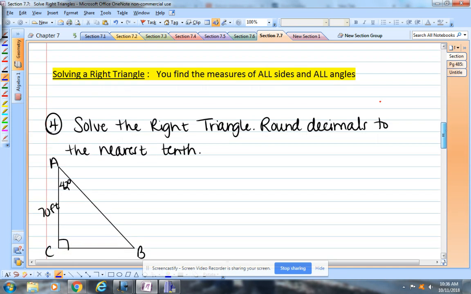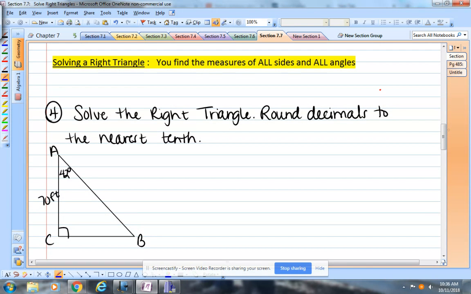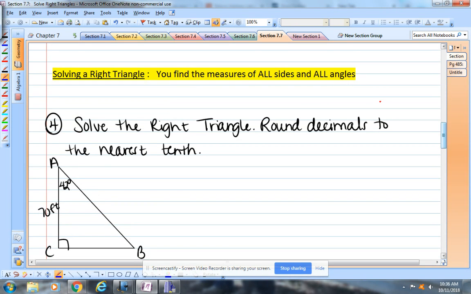All right, now we get to the fun part of the lesson. Solving a right triangle. Write that down, that is highlighted in yellow, please, at the top of your screen. And then please draw the triangle.